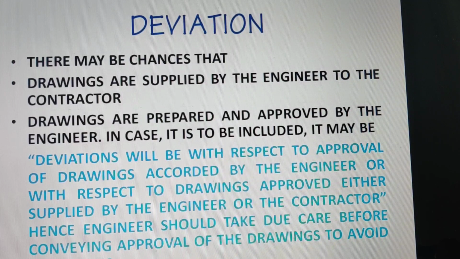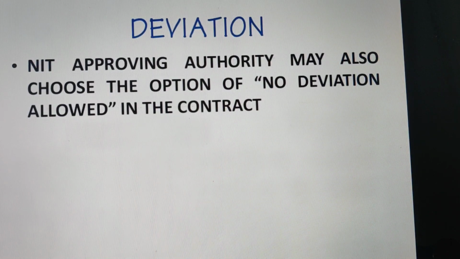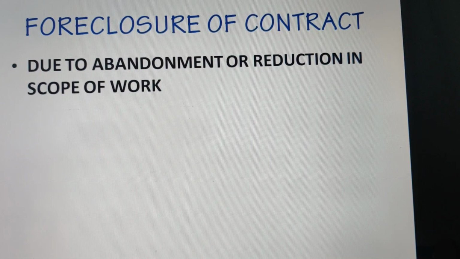So deviation will be with respect to approval of drawings accorded by the engineer, or with respect to drawings approved or supplied by the engineer or the contractor. Hence, engineers should take due care before conveying approval of such drawings to avoid disputes. The NIT approving authority may also choose the option of no deviations allowed in the contract.